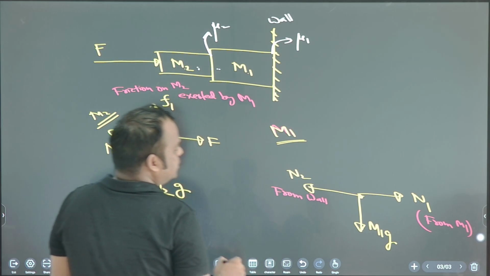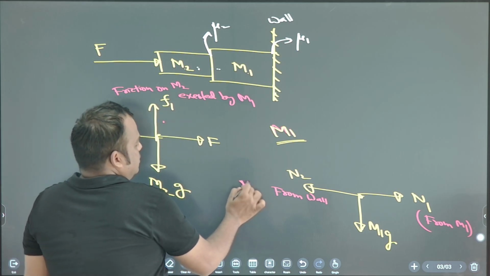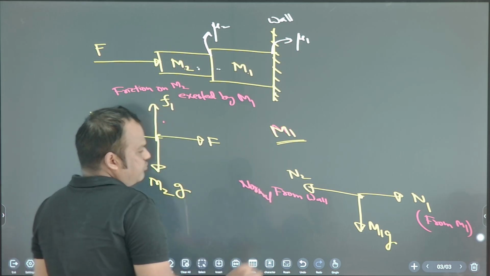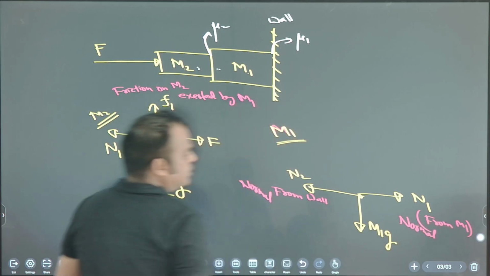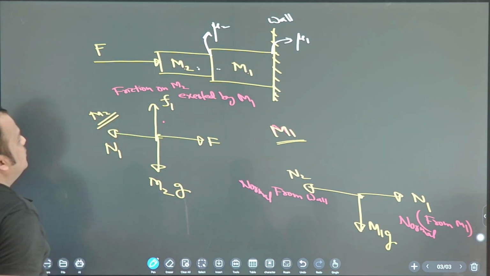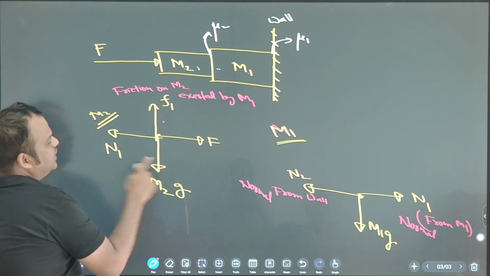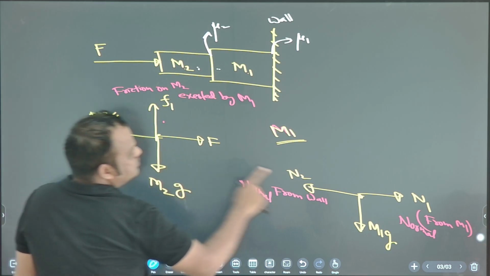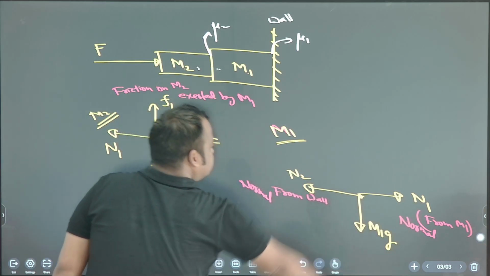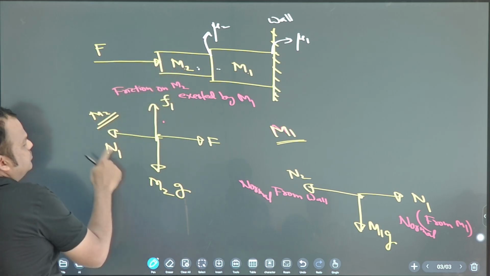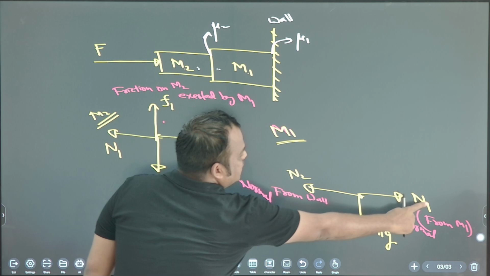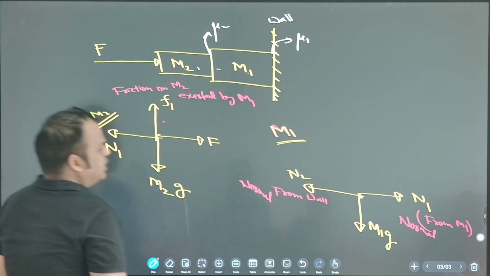Okay, understood? Normal from wall, normal from M1. So action-reaction. This is action, this is reaction. Action is acting on M2, reaction acting on M1.